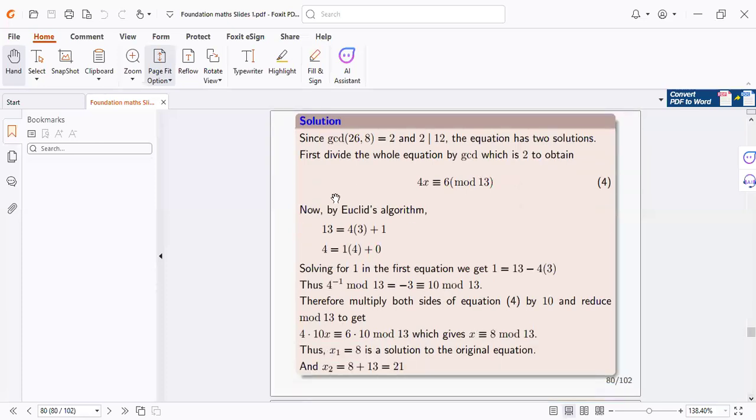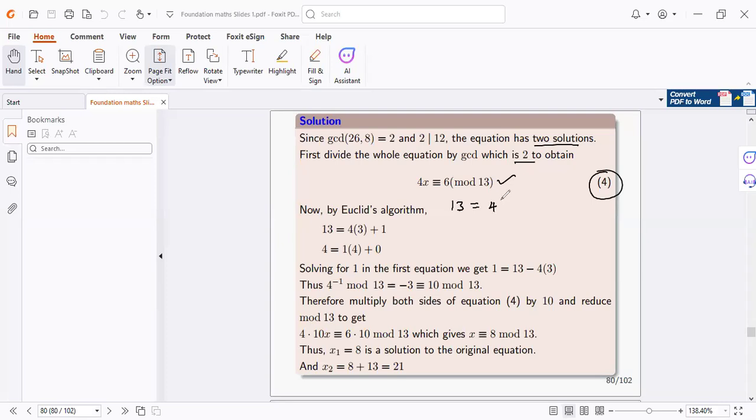After realizing that 2 was the GCD and that 2 will divide 12, I said this system would have 2 solutions. But then I divide, first of all, the entire equation by 2, which is the GCD, to get this. I call this equation 4. Then it's this equation that I use the Euclid's algorithm on, by asking myself, how many times does 4 go into 13?